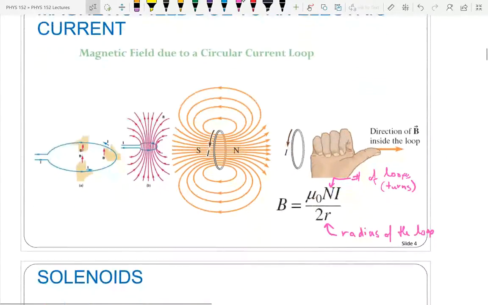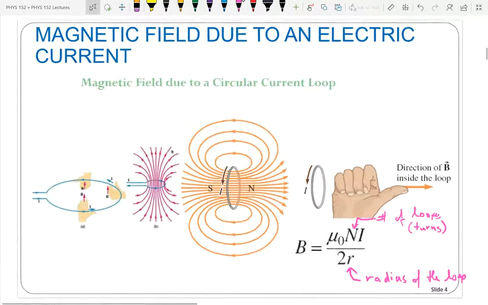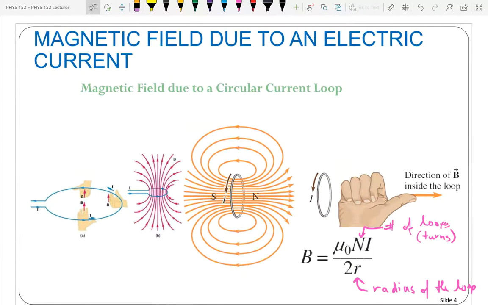I was just wondering if the permeability of free space was different for different things, like how on our last test there was a constant that differed with material. I wasn't sure if the permeability of free space would also differ with different things. The permeability of free space is more directly compared to the permittivity, the epsilon.